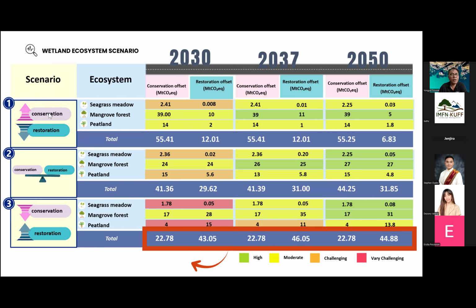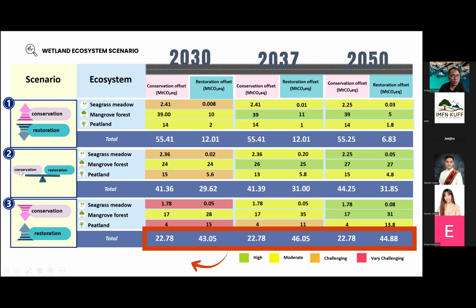So for the rehabilitation, if we have three scenarios or three options, as I already mentioned, the nature-based approach has to do nature for nature, nature for culture, and nature for socio-economic. So in option one, if we do more conservation, it means we designate the mangrove forest as protected area or conservation and do less restoration.